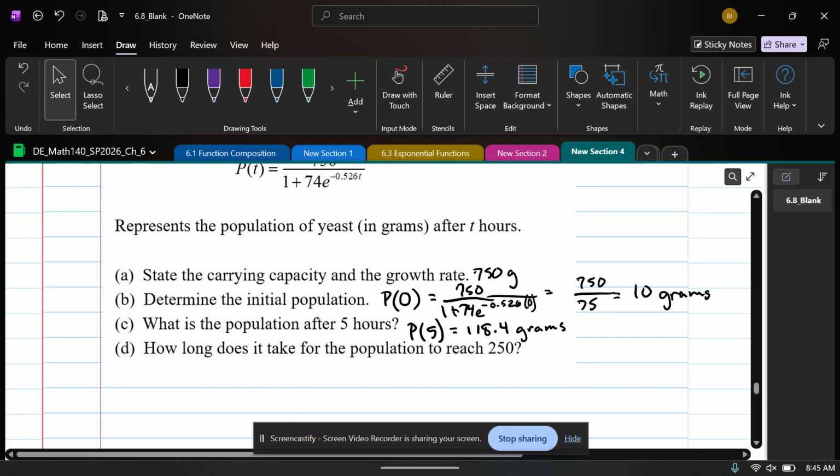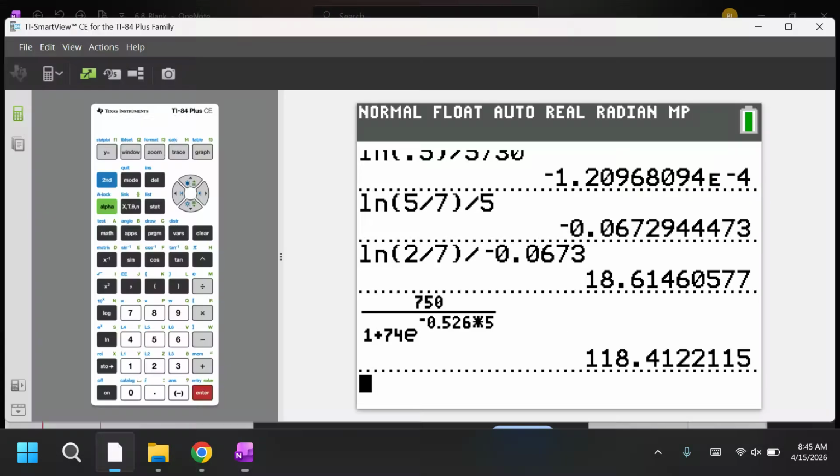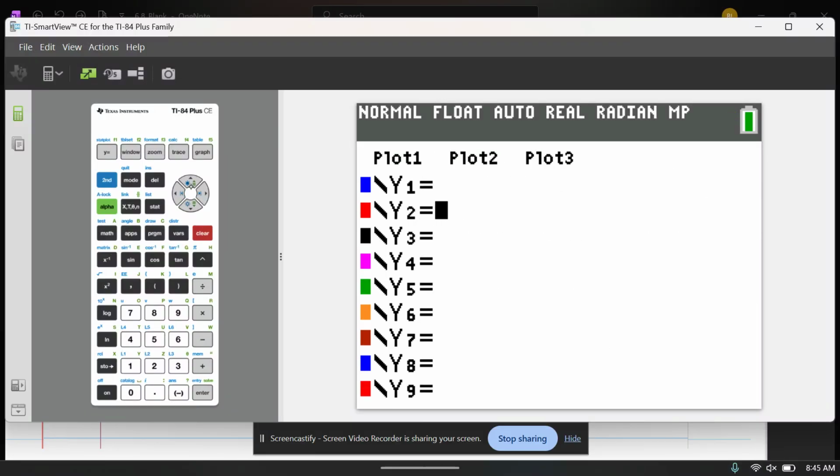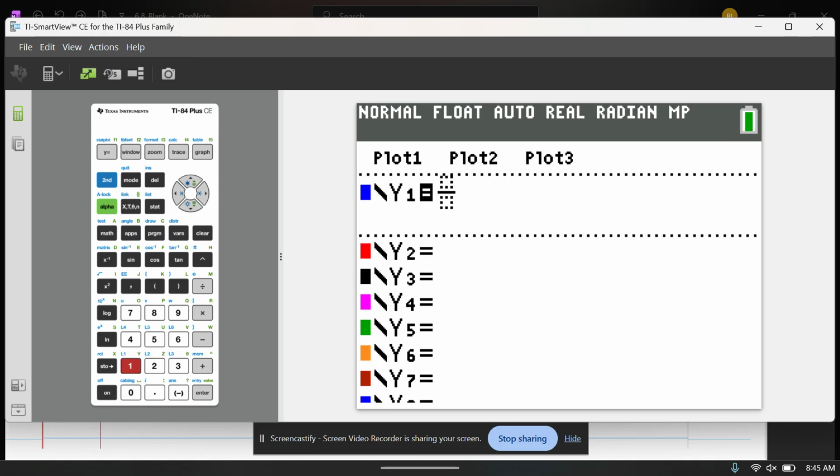Now, I could also graph that function. If I wanted to graph that function, I could put in the fraction into my calculator here, and that's going to help me with part D. We'll do it both ways.